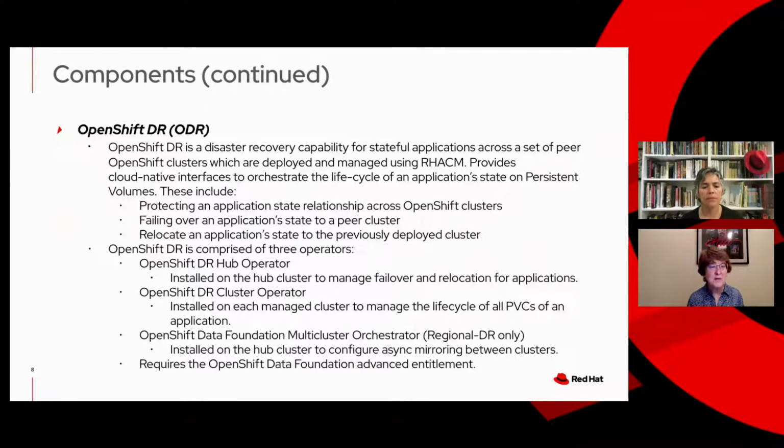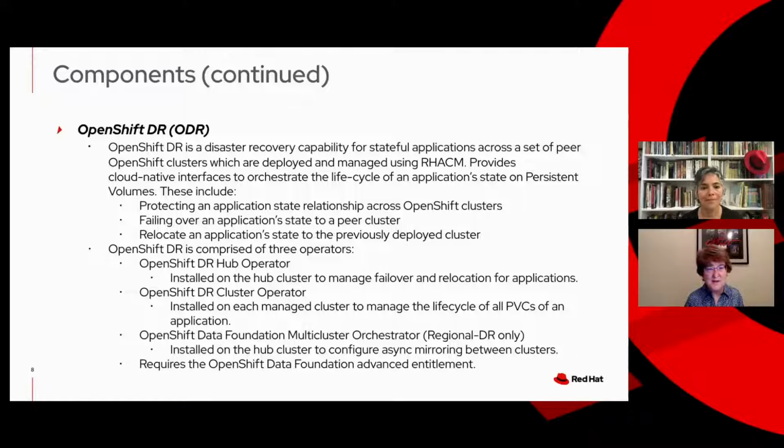And then within the disaster recovery capability that you get with OpenShift Data Foundation, we're going to have 3 additional operators: the DR Hub operator, the DR Cluster operator, and the OpenShift Data Foundation multi-cluster orchestrator. And it says regional DR only.